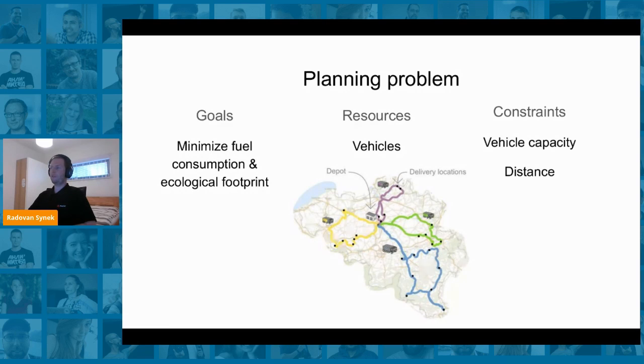We also have some constraints on the resulting solution of the planning problem, like here the vehicle capacity, which tells us that each vehicle has a maximum capacity of what it can carry at any moment. And the driving distance of a vehicle, that's what we try to minimize, because this is directly connected with our goal to minimize the fuel consumption.